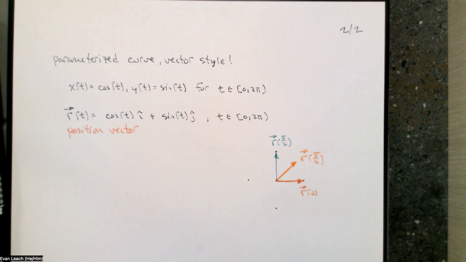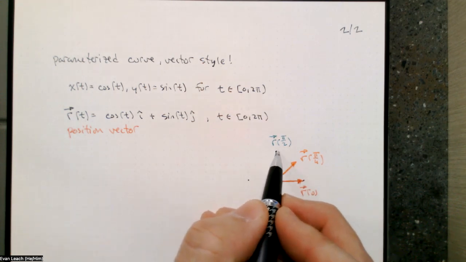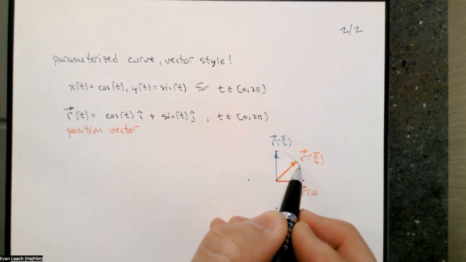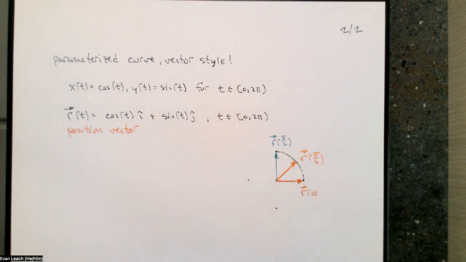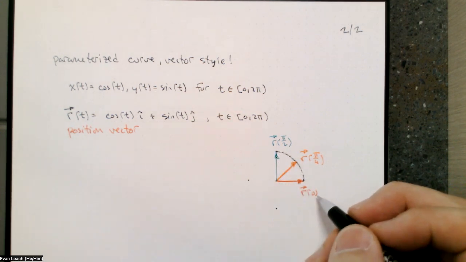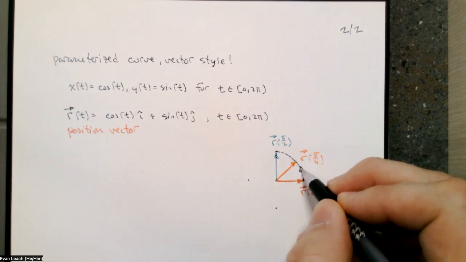So if we just plug in all the values and mark the end of these position vectors, then we get our circle. And since we can see that t started down here at 0, then pi over 4, then pi over 2, we are clearly going this direction.